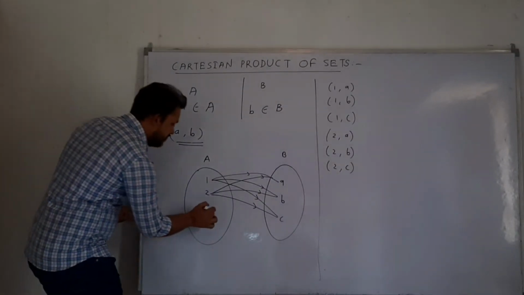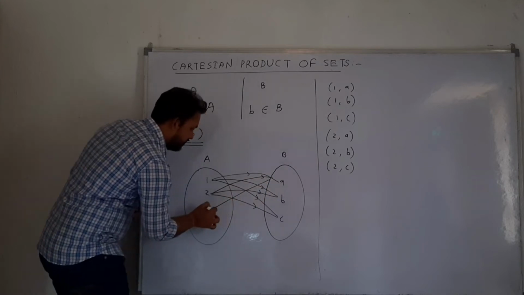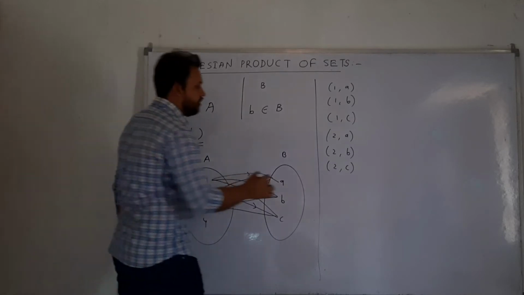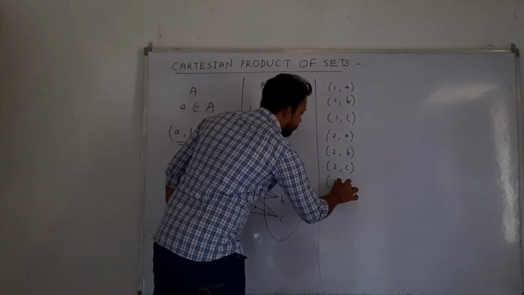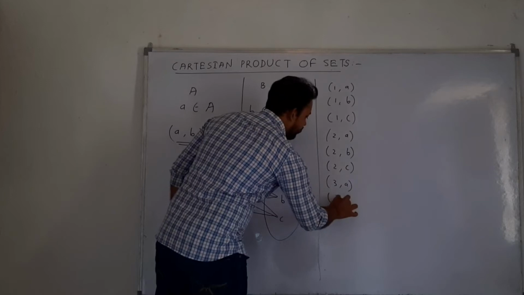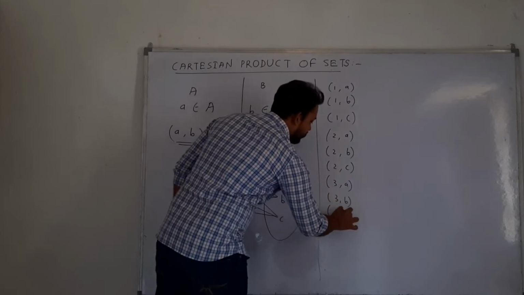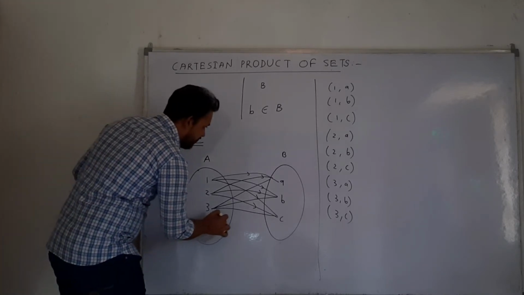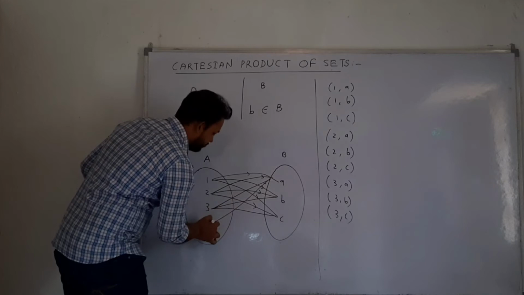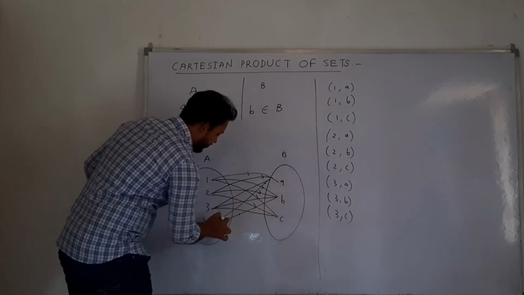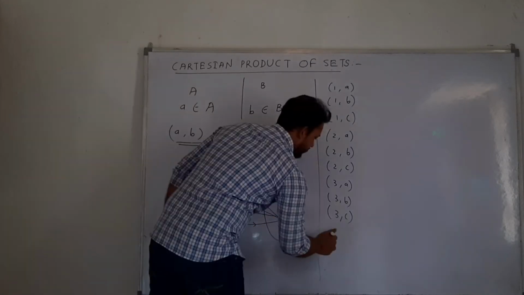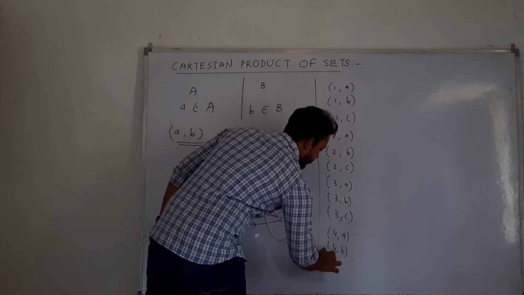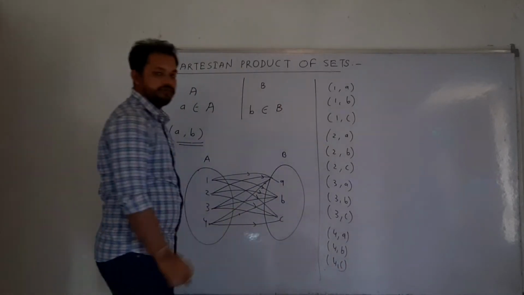After that, 3 is related with a, b, and c, so we get (3, a), (3, b), (3, c). Then in the same way, 4 is related with a, b, and c, so we get (4, a), (4, b), (4, c).